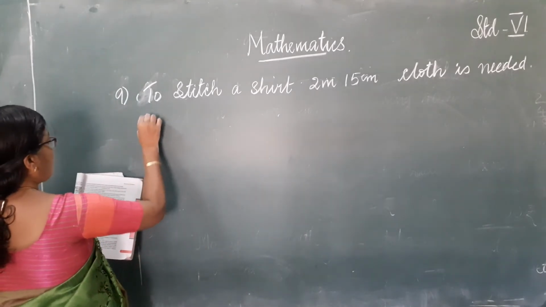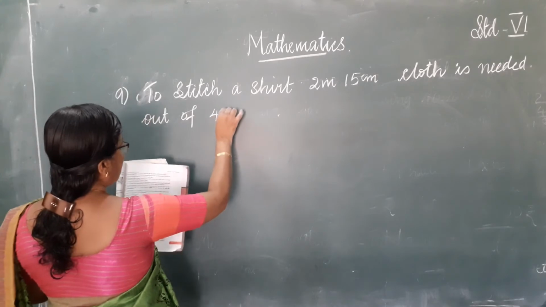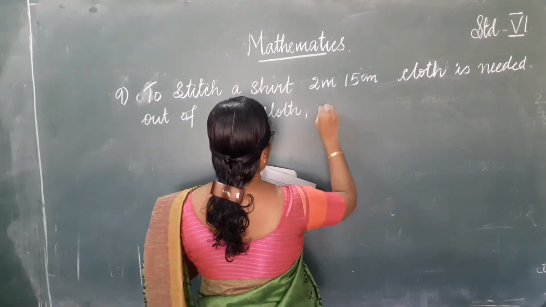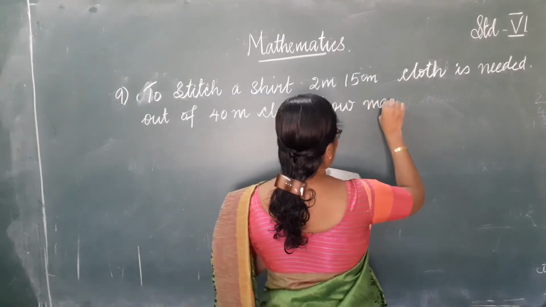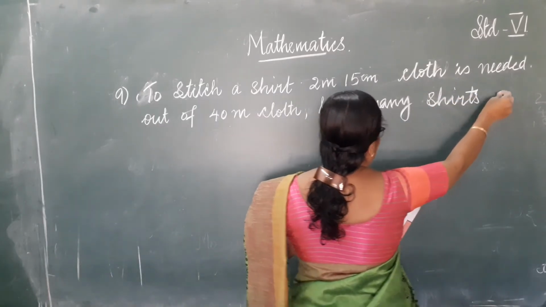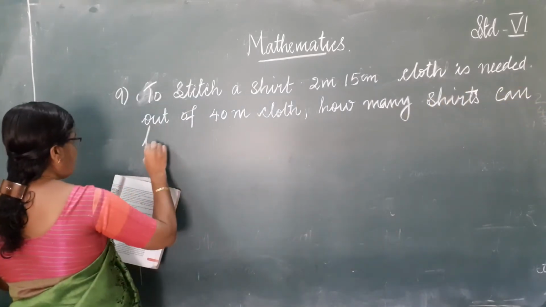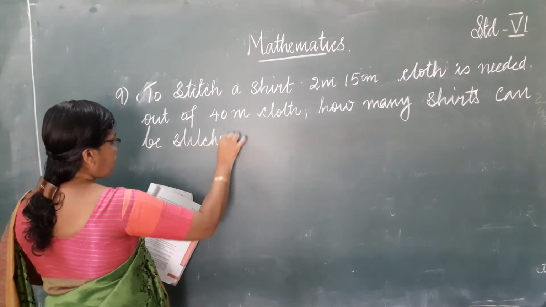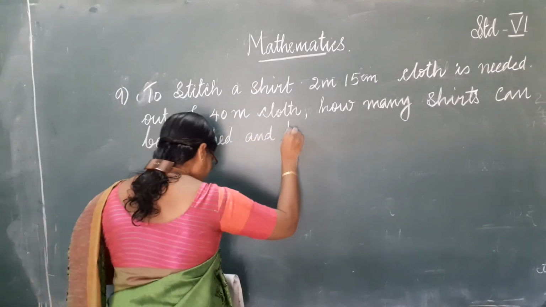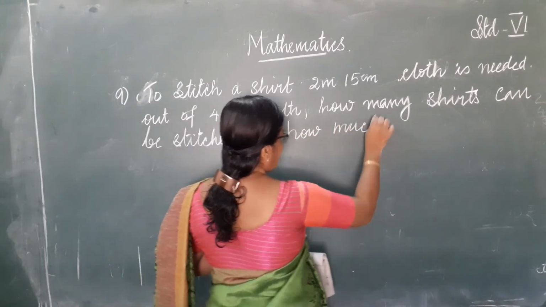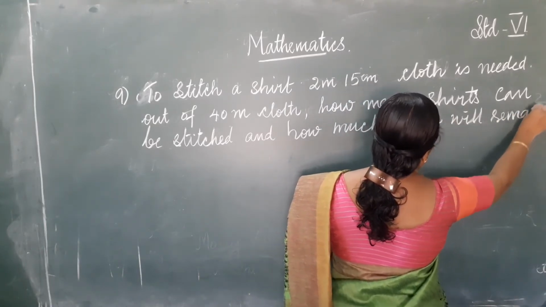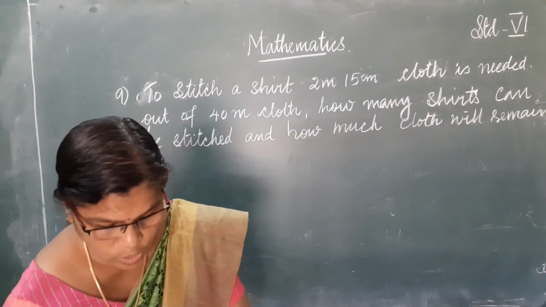Out of 40 meter cloth, how many shirts can be stitched, and how much cloth will remain?